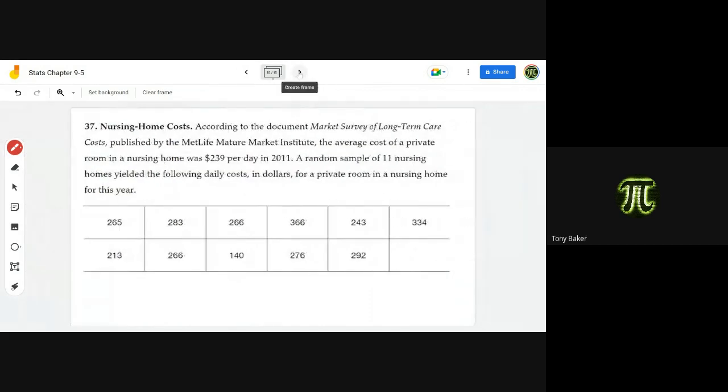Let's do the nursing home costs. All right, find me my initial information for this one.